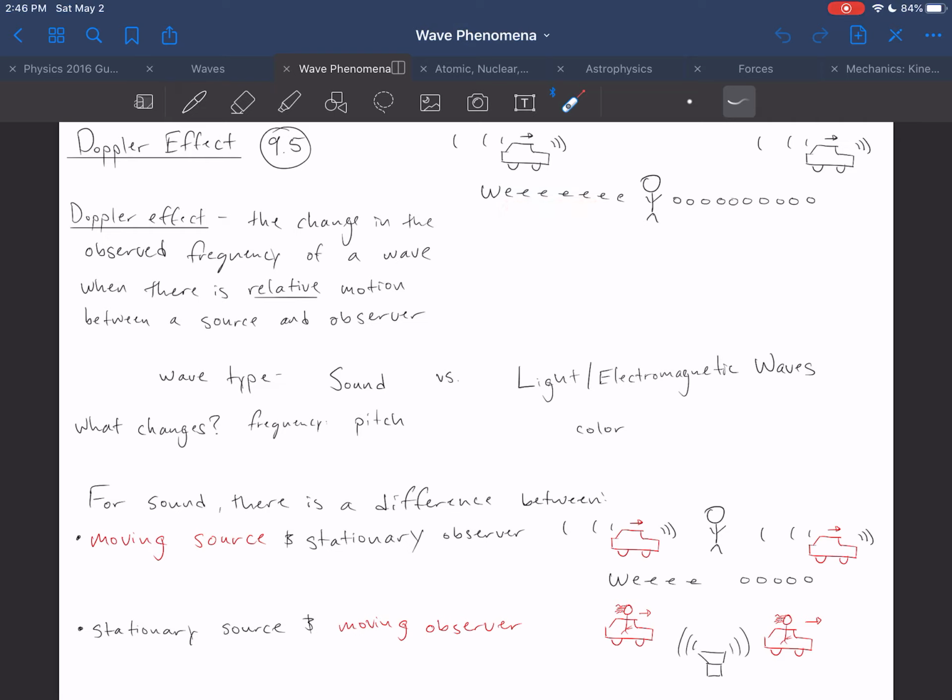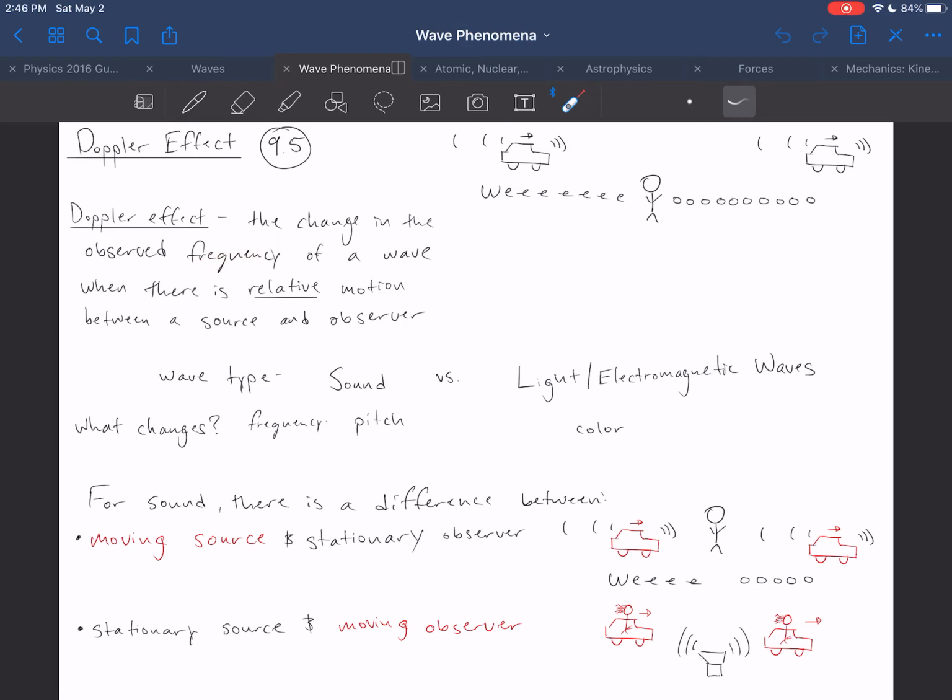And then the moment it passes you, that pitch changes. So it's sort of a wee-oo kind of thing going on. When it's coming towards you, that sound is different than when it's moving away from you. The change in the observed frequency is how we quantify that change in sound.